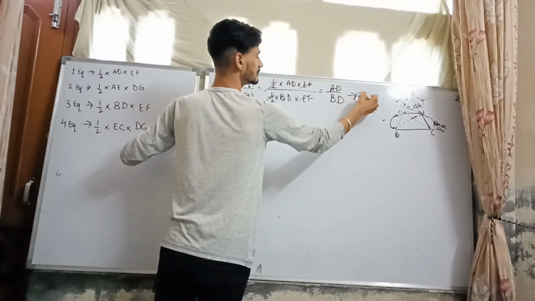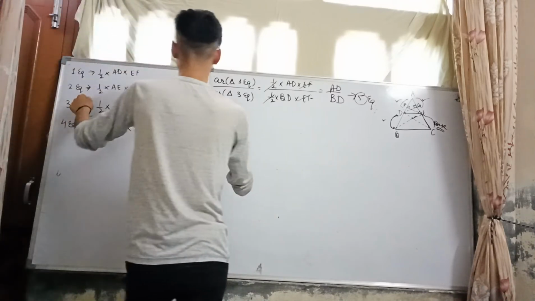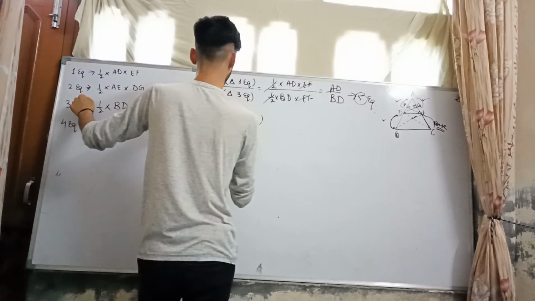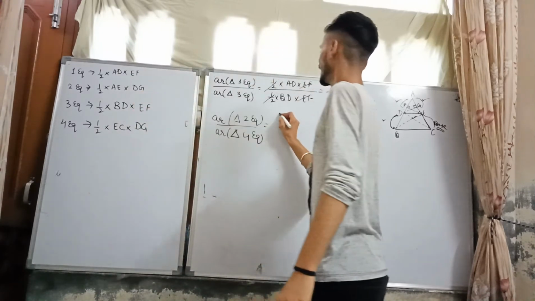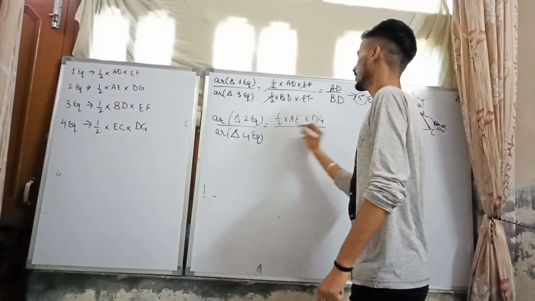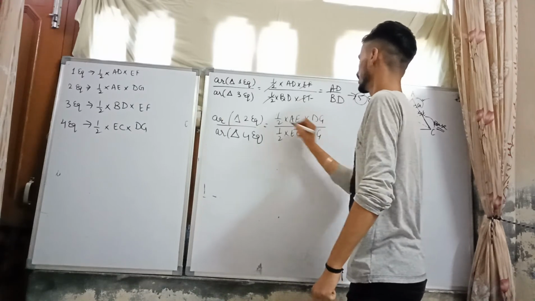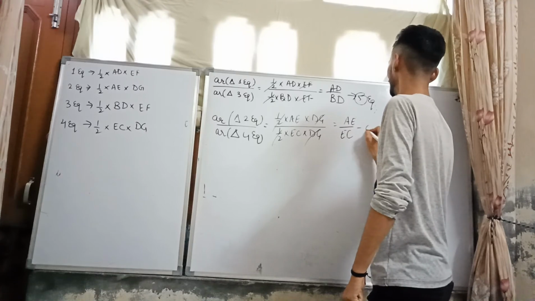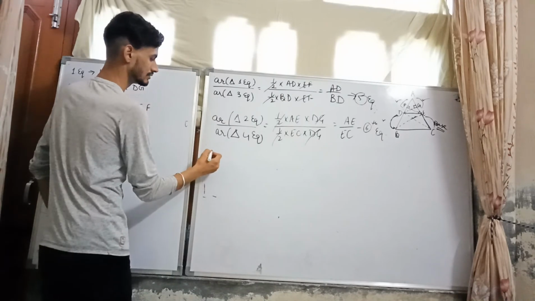That is our fifth equation. Now if we take the area of the triangle for the second equation upon the area for the fourth equation, we have half into AE into DG upon half into EC into DG. After cancelling, we get AE upon EC. That is our sixth equation.